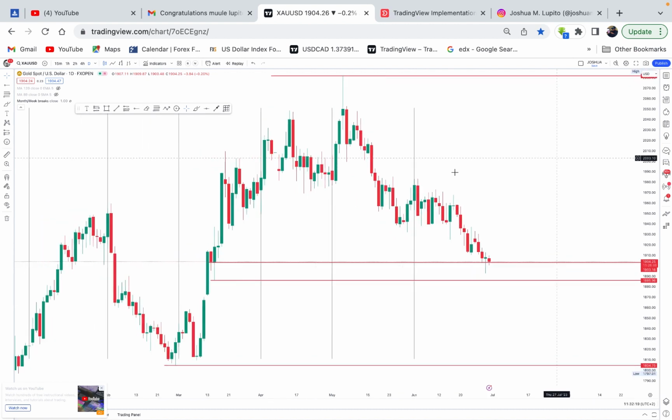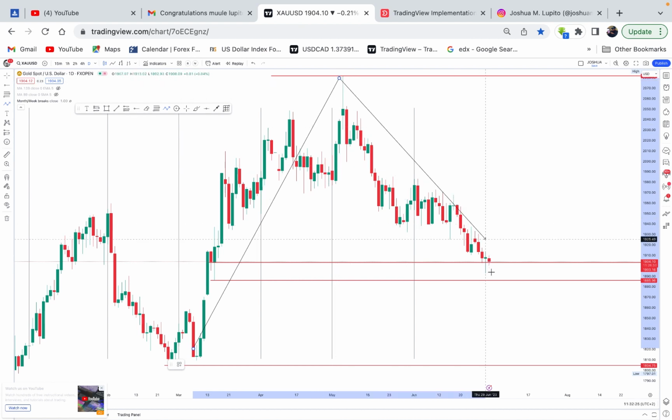From there we can see the trend shifted from an uptrend to a downtrend. When I mark up my major levels such as support and resistance, or supply and demand, I believe for the market to change its major direction from an uptrend to a downtrend, it always changes from its major level.